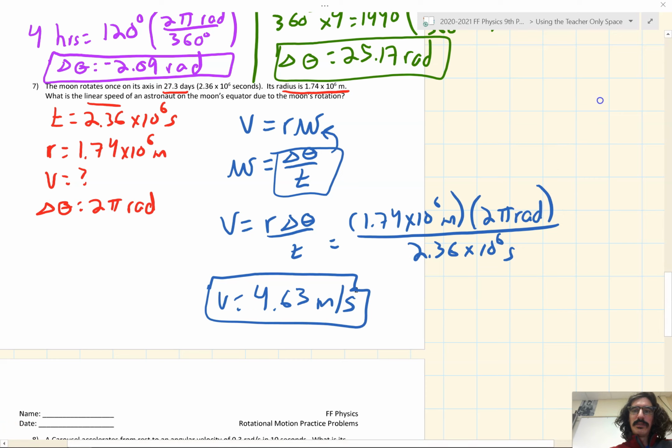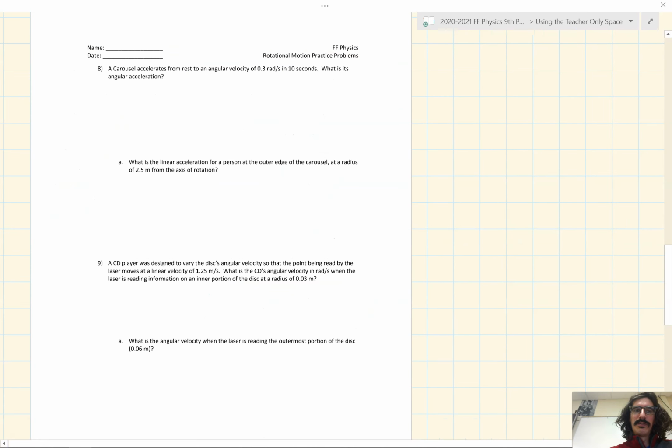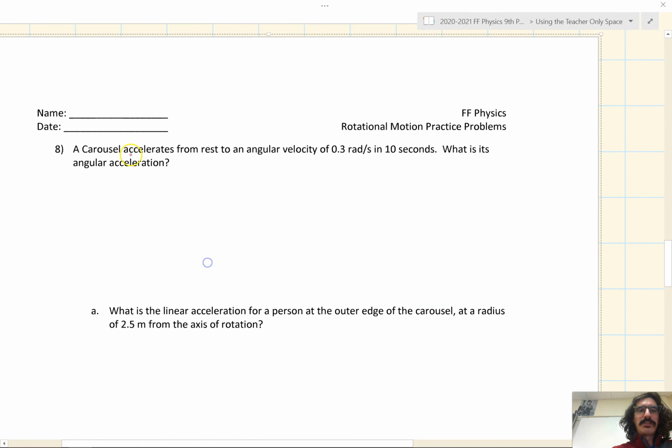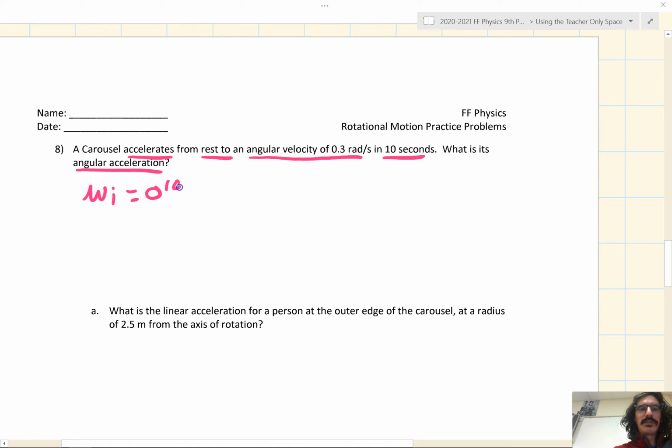Number 8. A carousel accelerates from rest to an angular velocity of 0.3 radians per second in 10 seconds. What is its angular acceleration? Omega i, the initial angular velocity, is 0 radians per second. Omega f, the final angular velocity, is 0.3 radians per second.